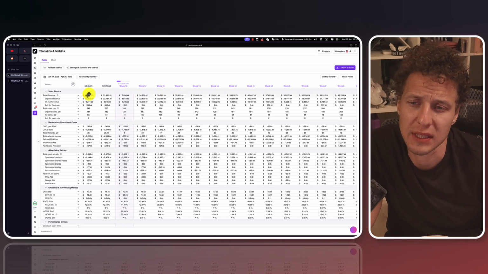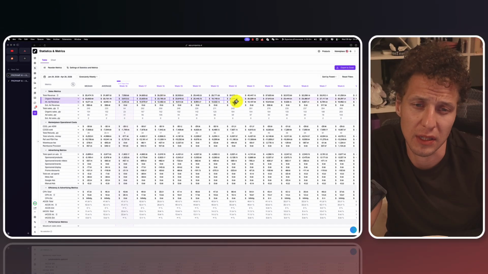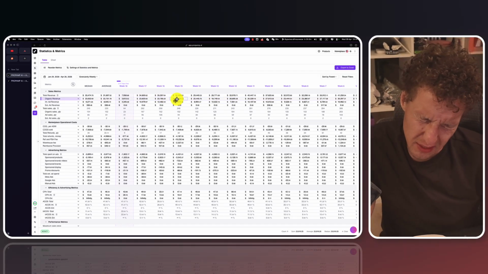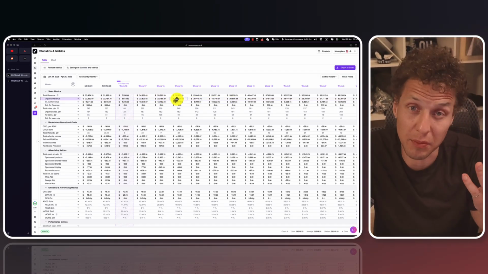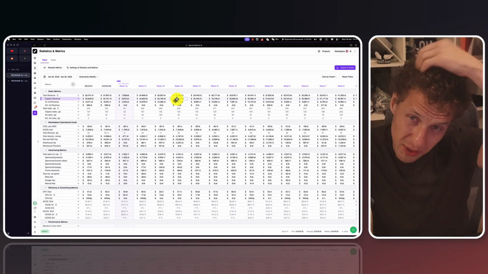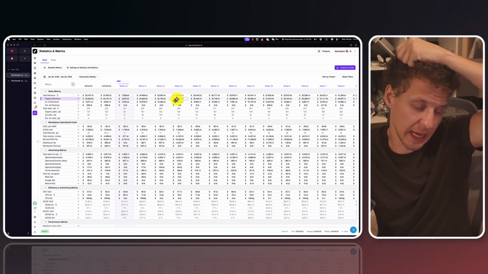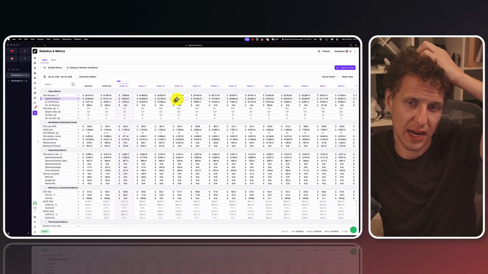So obviously on the top line we have the total revenue, which is comprised of organic revenue and ads revenue. I think there's no need to explain what is organic and what is advertising.